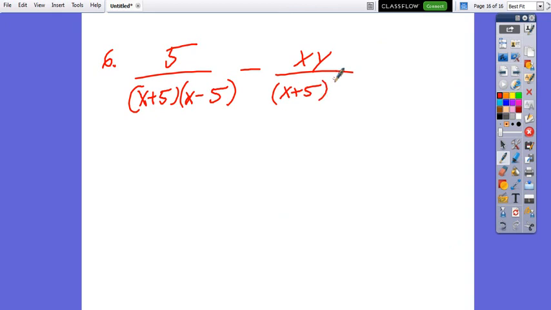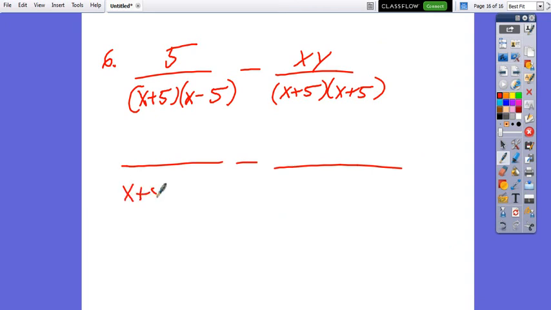Now, the LCD that we found earlier was x plus 5 squared times x minus 5. So I'm going to rewrite my new denominator: x plus 5 squared times x minus 5, and then x plus 5 squared times x minus 5.